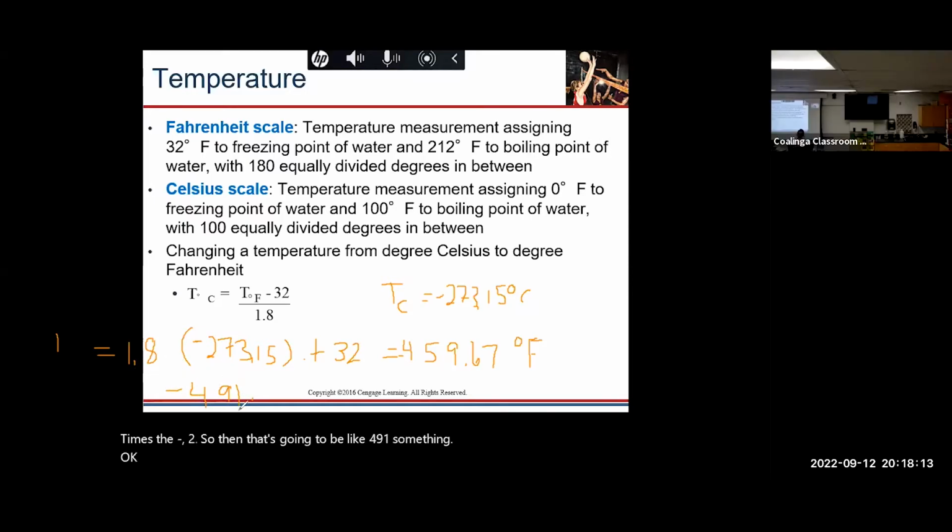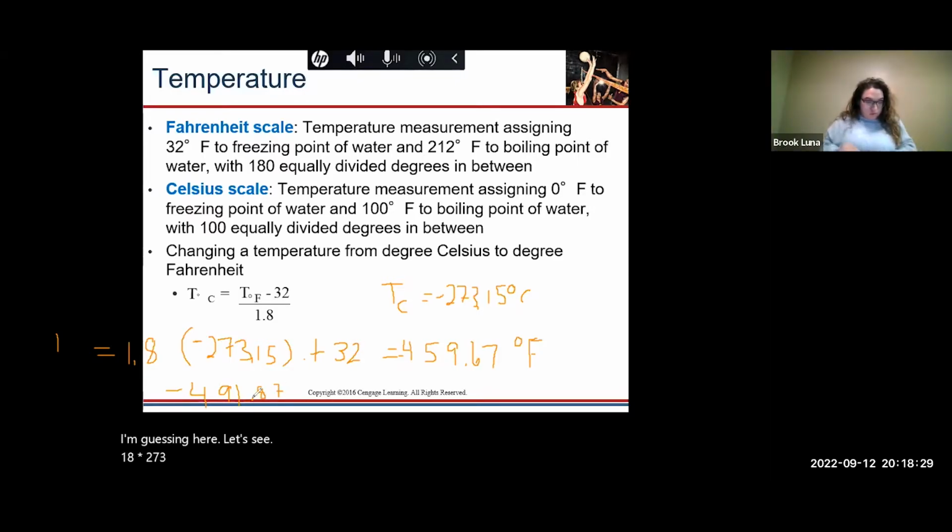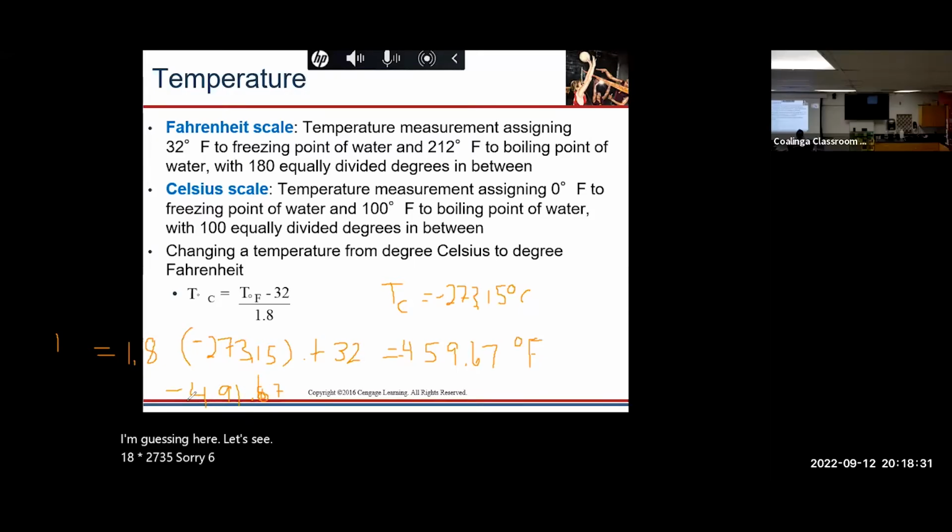Then we would use 2 sig figs with that. So this guy would be 2 sig figs, so we'd end up with negative 490.